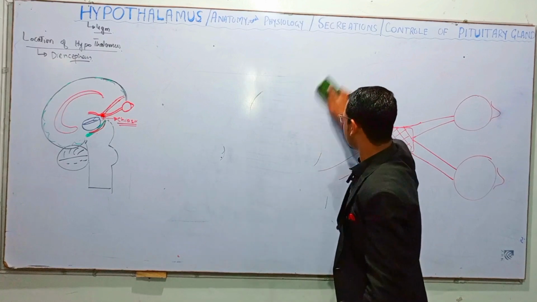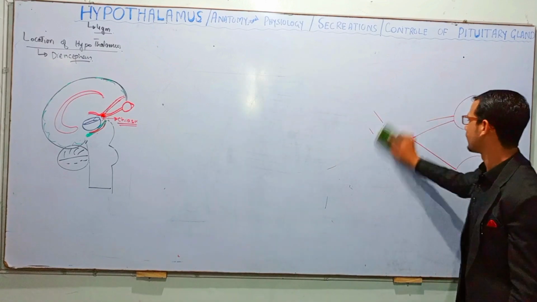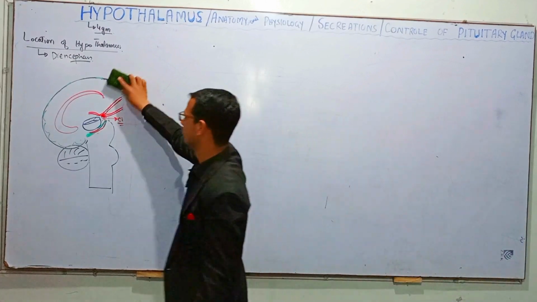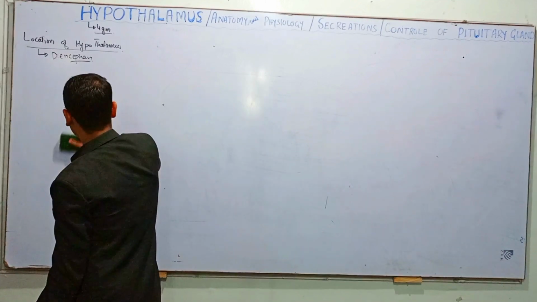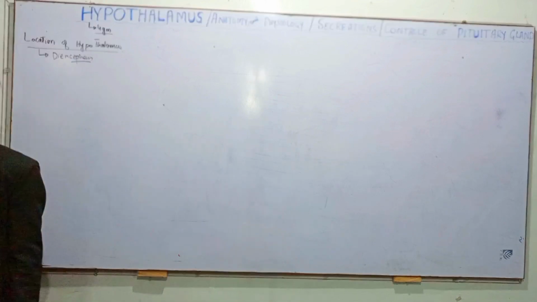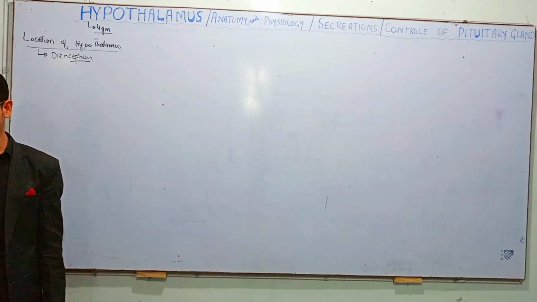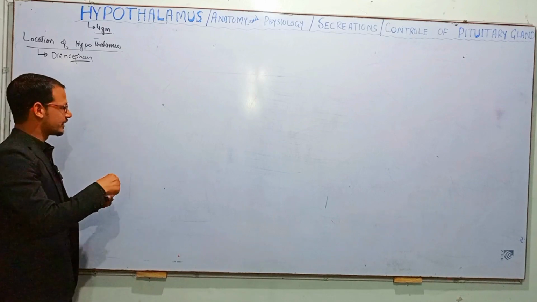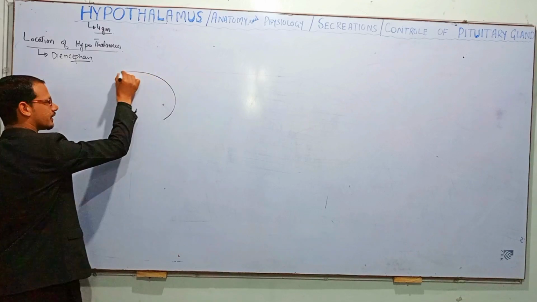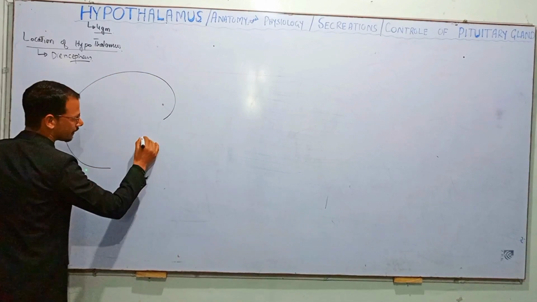These are the parts of brain which are related to hypothalamus, right? Now we will remove these cerebral areas and only see the hypothalamus, right? For example, I am taking the cross section of the brain.